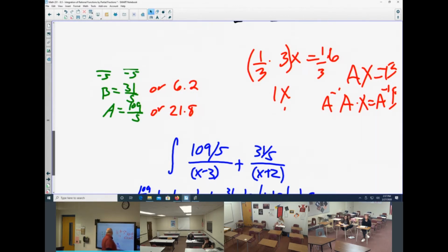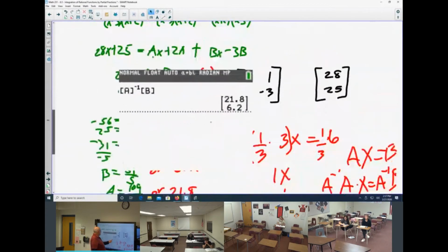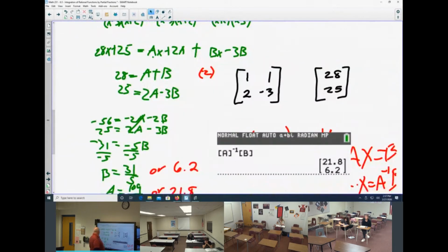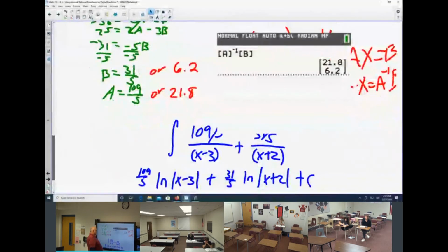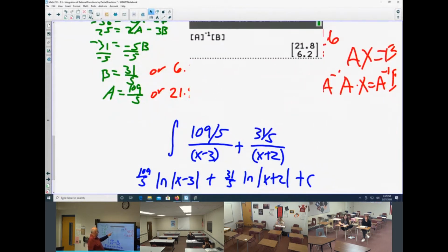Okay. Let's go back to the problem. So when we have our decimals or fractions, whichever way you have it, it really doesn't affect the answer too much. Here my A was 21.8 or 109 fifths.